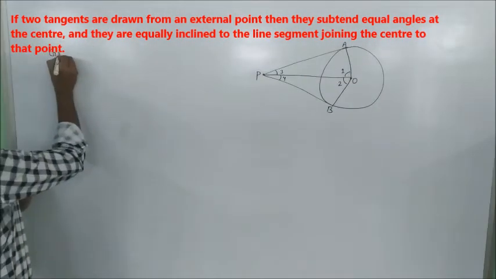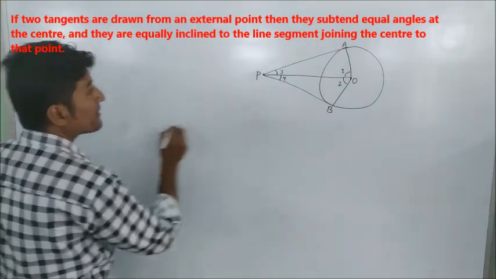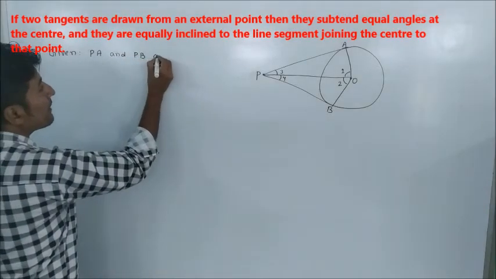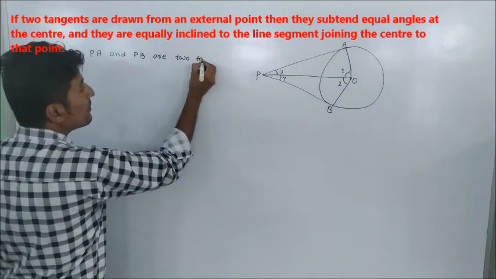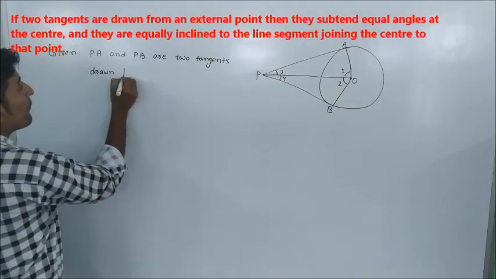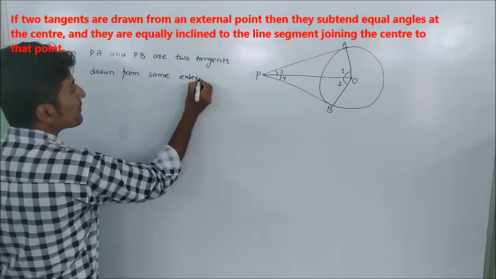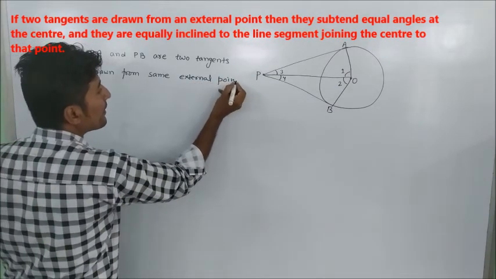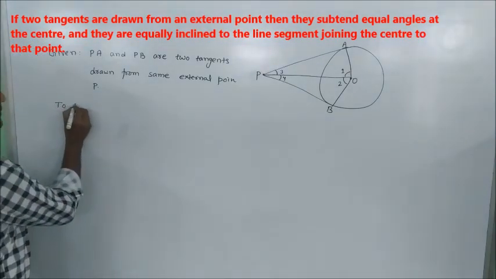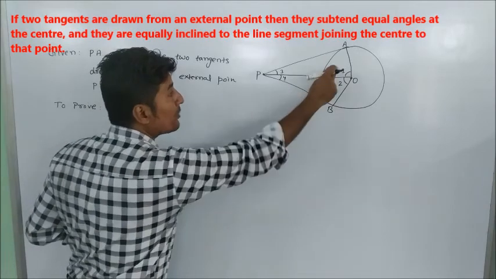So first of all, here we can write in the given: PA and PB are two tangents drawn from the same external point P. After given, we write to prove: here we have to prove that both the tangents are subtending equal angles at the center.